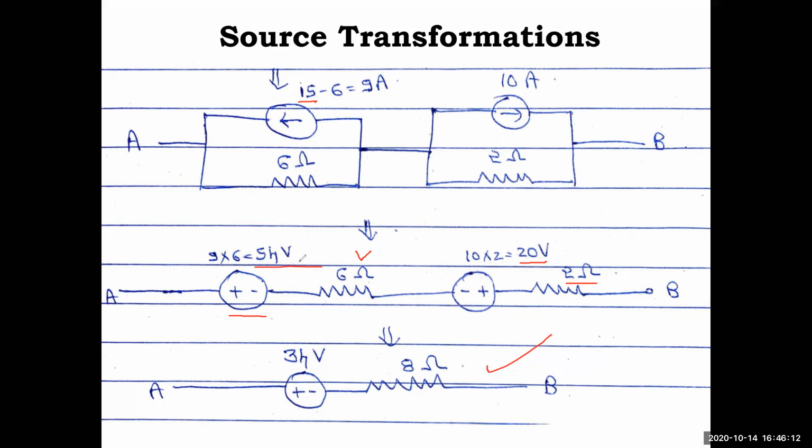Whichever is having the highest, that polarity I am writing plus minus first, subtraction value 54 minus 20 is 34 volt. 6 ohm and 2 ohm are in series, so just add up, it will be 8 ohm. So the final, whatever network you have seen very first between A to B, can be reduced to a simple network with a 34 volt source in series with 8 ohm. How is this possible? By the method of source shifting and source transformation.